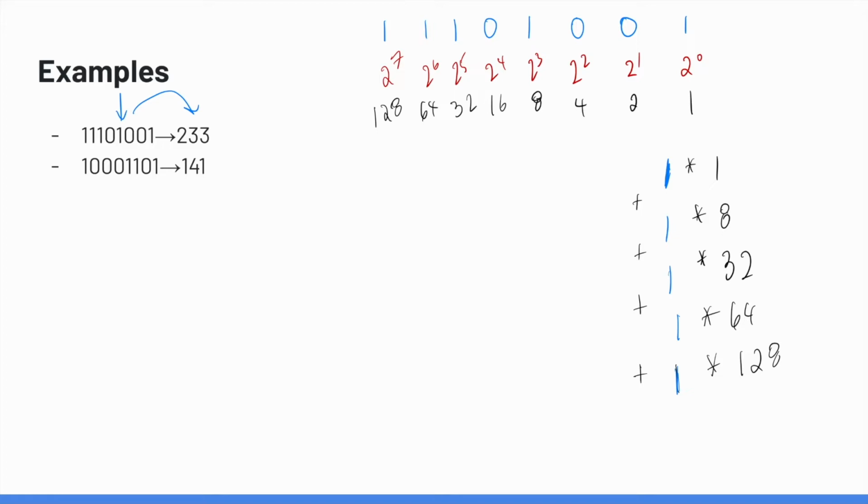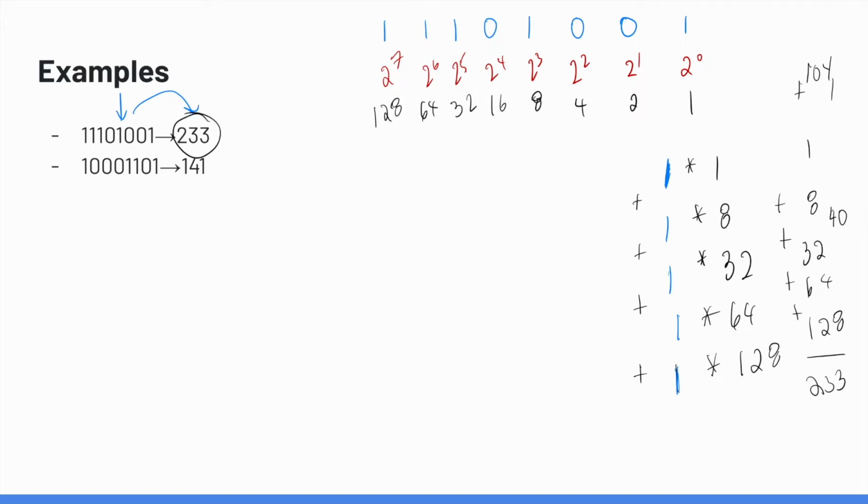And so we're just going to end up with 1 plus 8 plus 32 plus 64 plus 128, which is ultimately, so that's going to be like 40 plus 64, which is like 124, so 125. Hold on. So 40 plus 64 is going to be 104, right? Plus 1 is 105, and 105 plus 128 is going to give us 233, which is our answer right here.